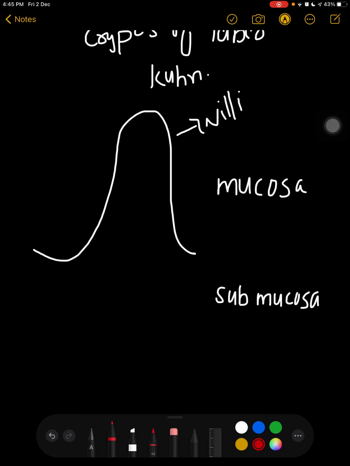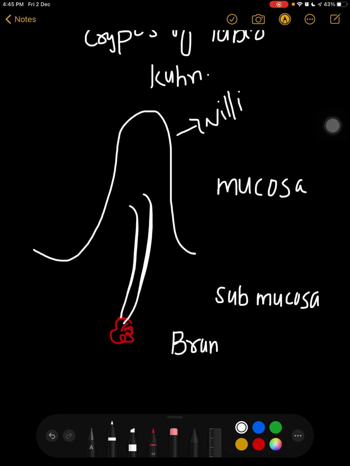Actually there is a gland known as Brunner's gland which is present in submucosa, but its duct enters into the villi.